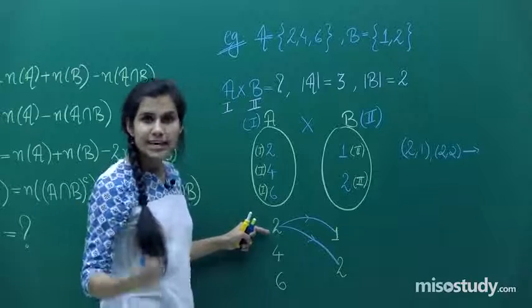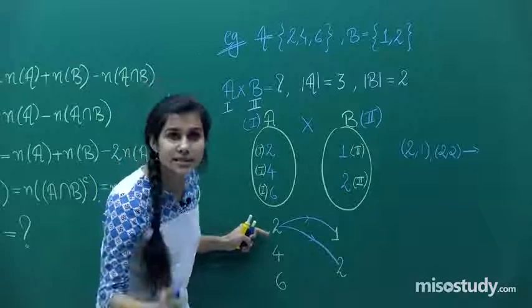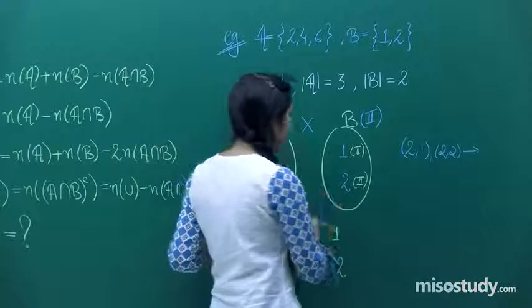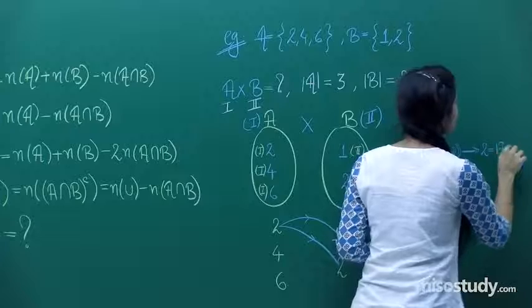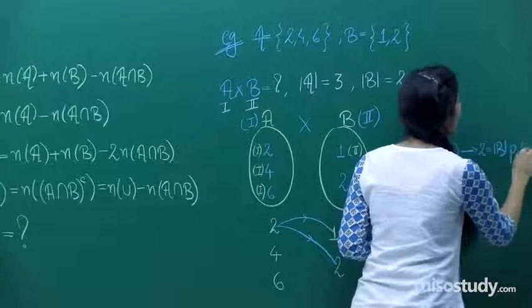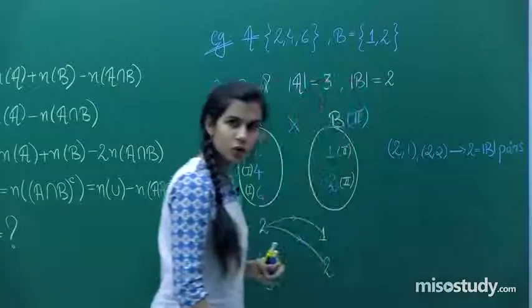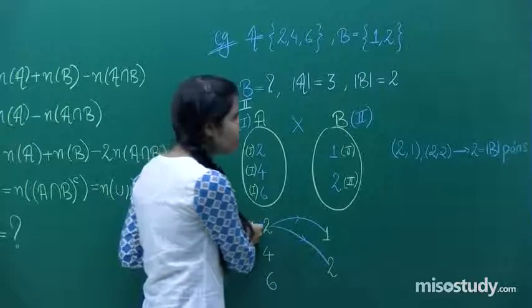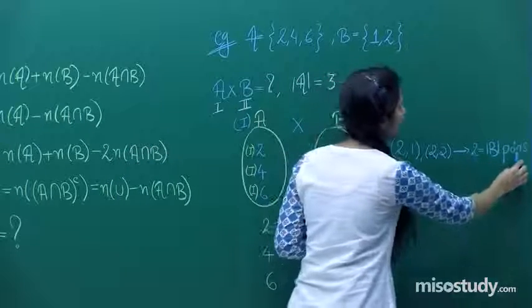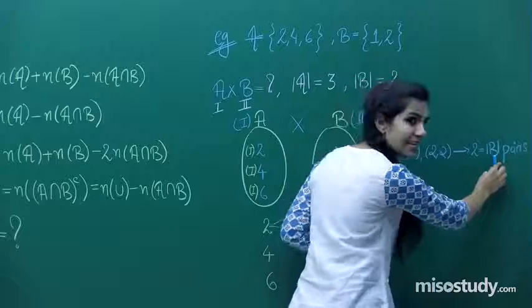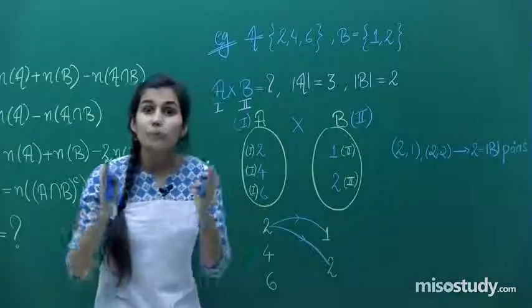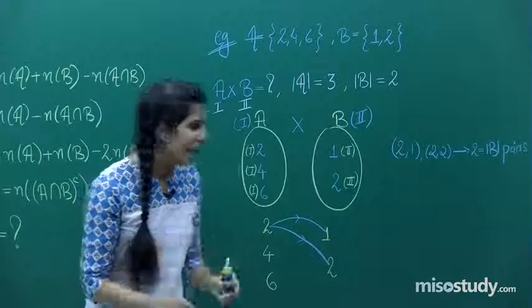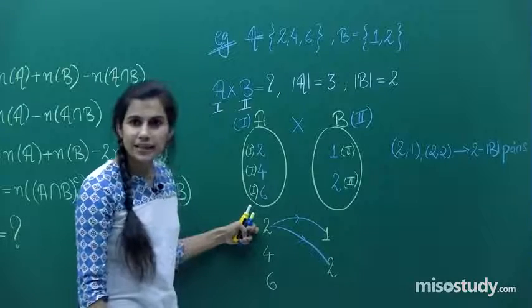Those many pairs, as many there are members inside the set B. So basically, 2 is giving me 2 pairs, which is same as cardinality of B. But what is 2? 2 is cardinality of B, and therefore I am getting cardinality of B number of pairs with the help of one element of set A.